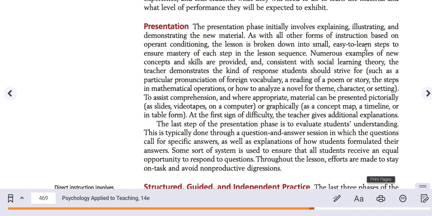This is typically done through a question and answer session in which the questions call for specific answers, as well as explanations of how students formulated their answers. Some sort of system is used to ensure that all students receive an equal opportunity to respond to questions. Throughout the lesson, efforts are made to stay on task and avoid non-productive digressions.